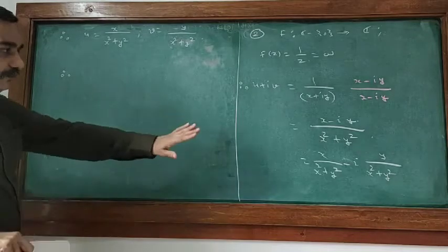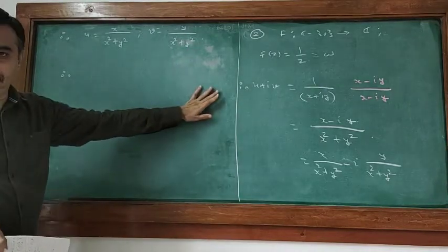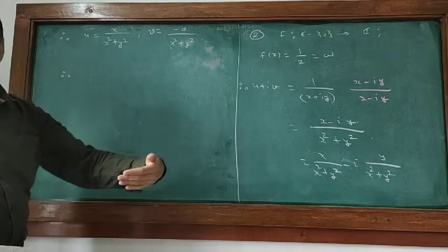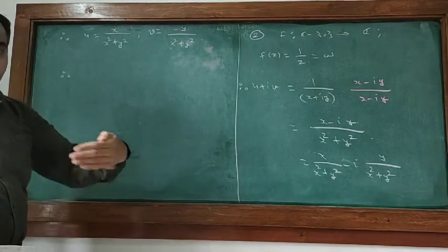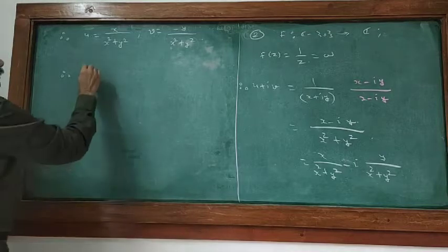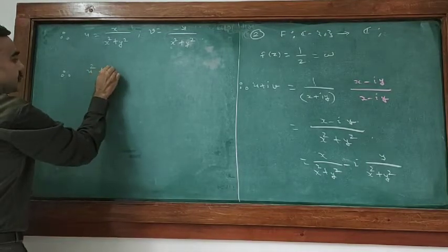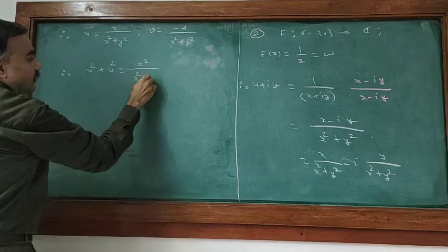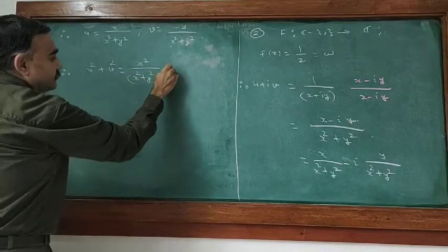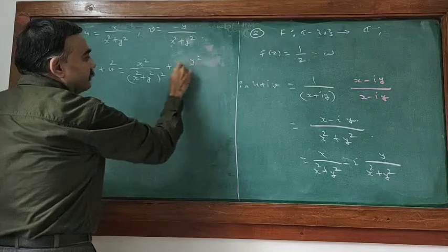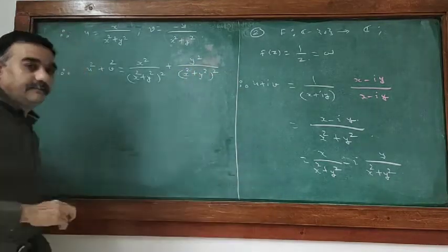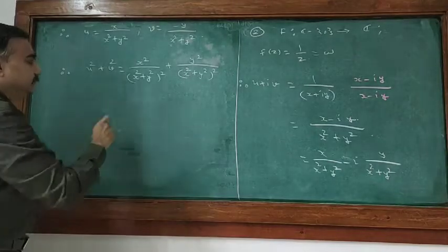I think it is enough for this function, but we can go a few steps more in the same context. If I say u square plus v square, what will it be? x square plus y square over (x square plus y square) square.